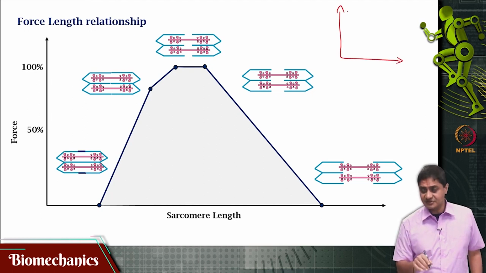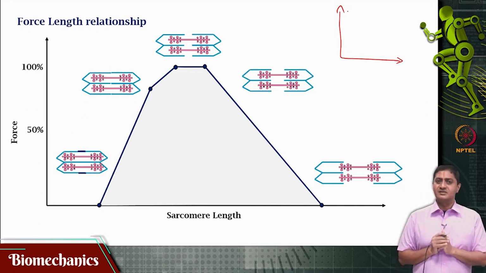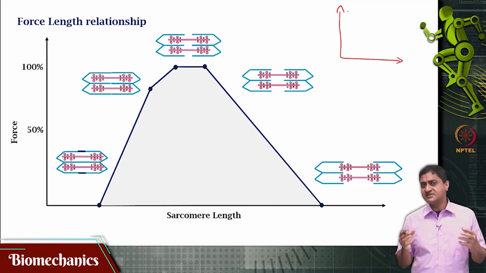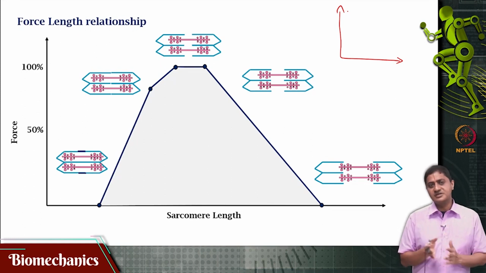based on the previous discussion of the sarcomere is that if the sarcomere contracts, force is developed. A muscle is essentially composed of a lot of sarcomeres, right. So, as the length of the sarcomere keeps on reducing, force keeps on increasing. Is it not?